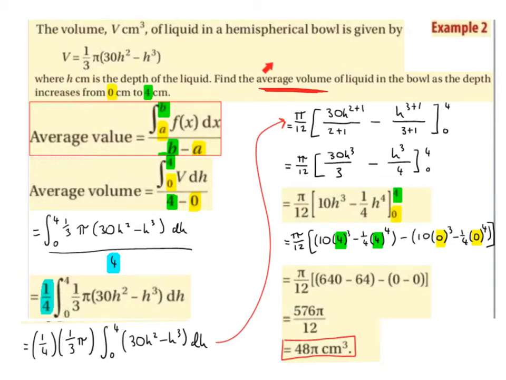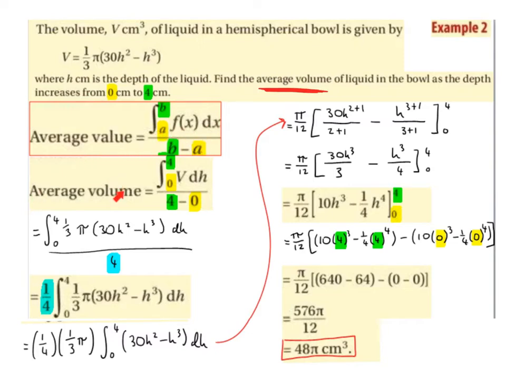So when we hear the phrase average volume and we're given a function, we again want to think integrate. So we want to actually think of our average value formula. Our average value formula is the integral of f of x with respect to x between the limits b and a, all divided by b minus a.